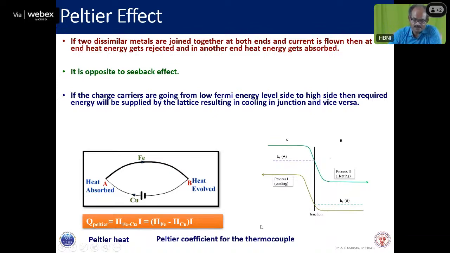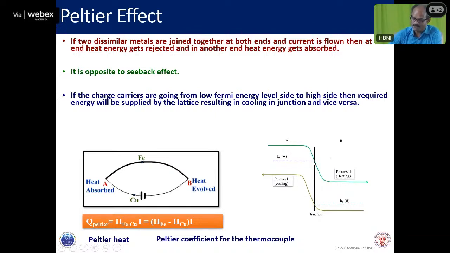If the charge carriers are going from the low Fermi energy, suppose this is the low Fermi level, now you have joined two materials. One is this, another is this. Here you can see this is the valence band, this is the conduction band, similarly valence band, conduction band. So the Fermi level here is low. If the charge carriers are going from the low Fermi energy side to the high side, then the required energy will be supplied by the lattice.